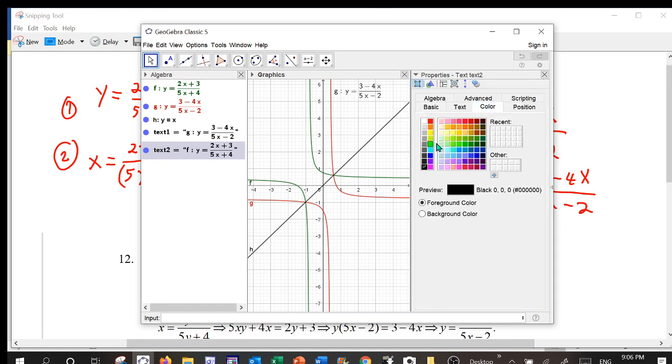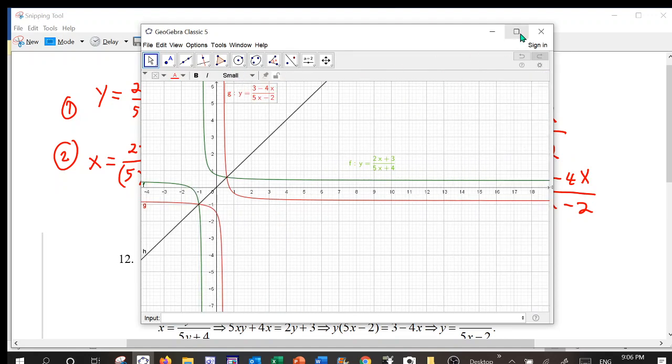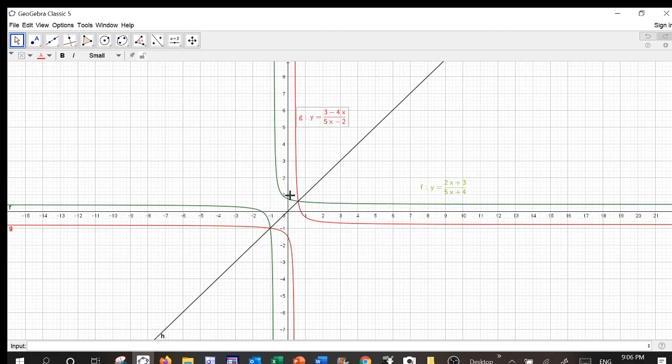Let's make it green, and this one has to be red. All right, and I'm going to close this so we can get a bigger window. So you see the green one is one function, and the red one is its inverse. As you see, they are symmetric with respect to y equals x.